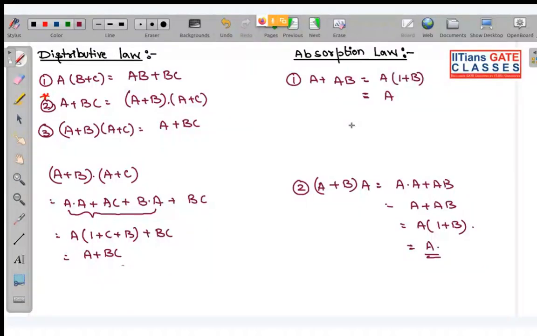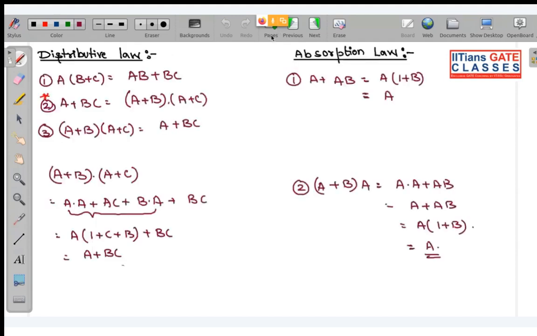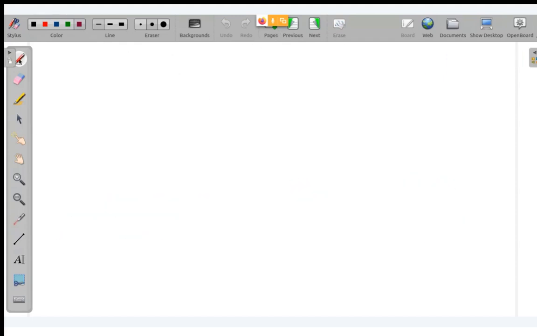Okay, fine. So now let me ask you one thing. De Morgan's theorem we have already discussed. But before going to De Morgan's theorem, I remembered one thing. Any one of you, have you heard about this one?